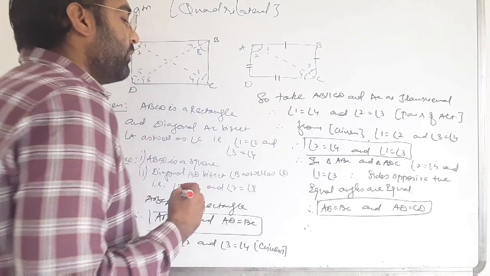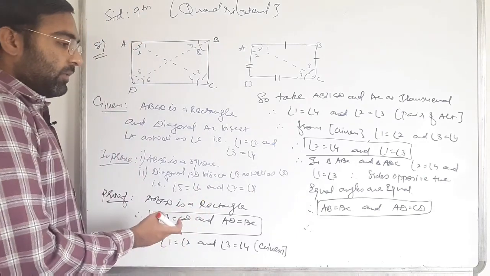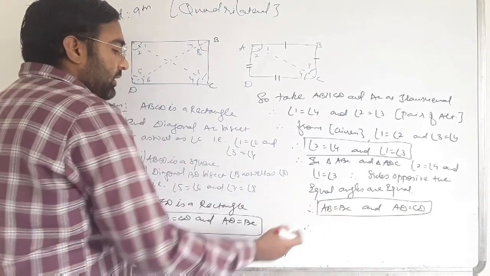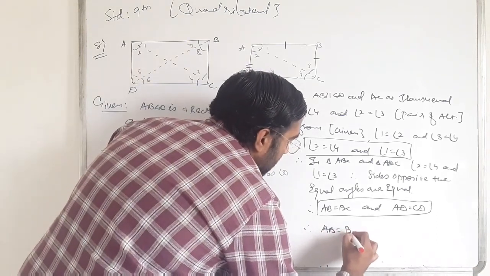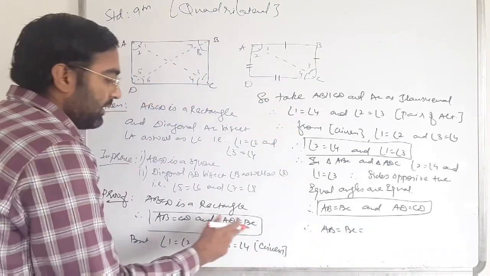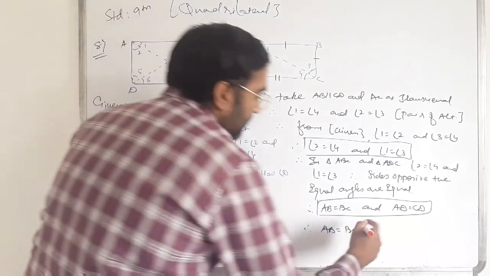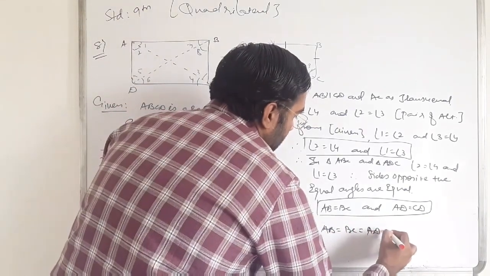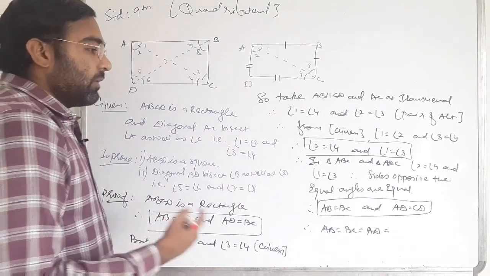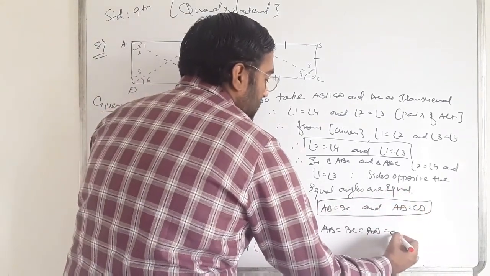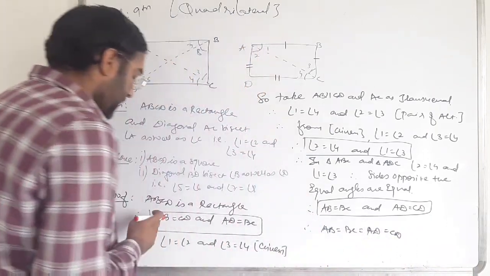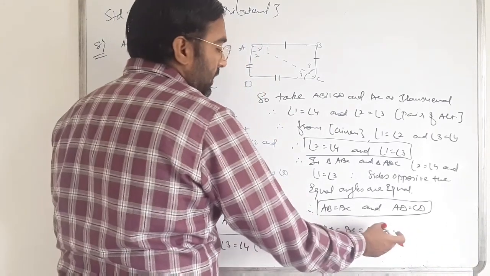Therefore now we have to see that AB is equal to CD and AB is equal to BC. So AB is equal to BC, BC is equal to AD, and AD is equal to CD. AD is equal to CD and AB is also equal to CD.